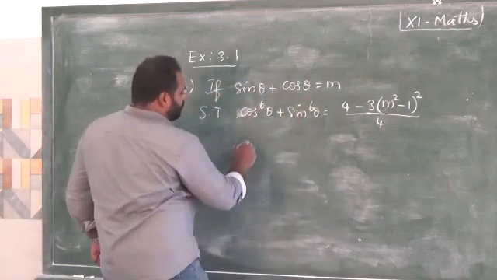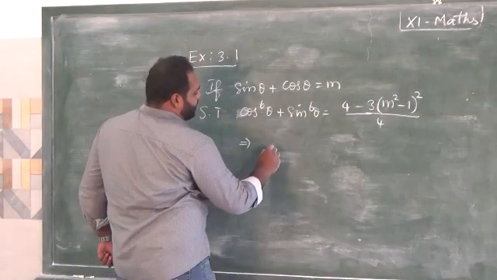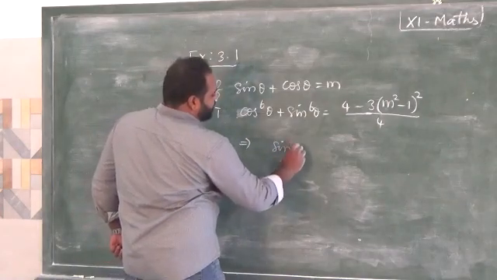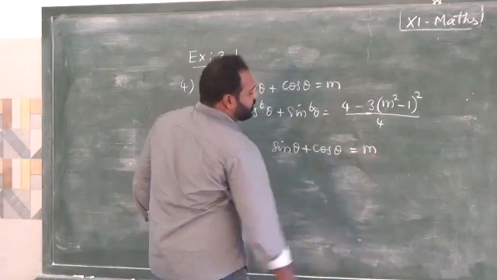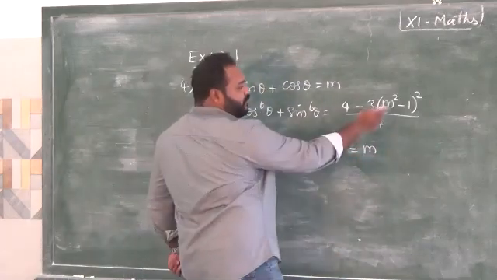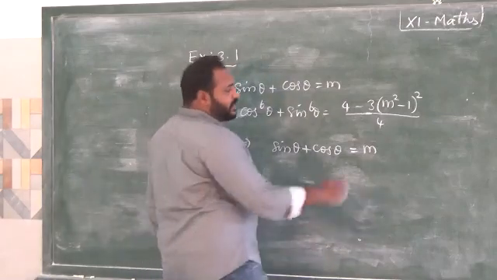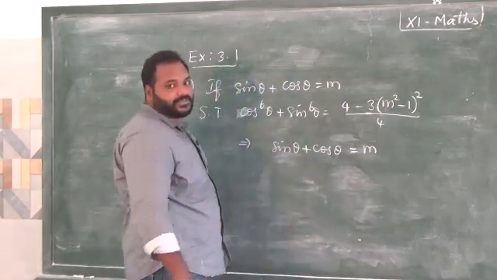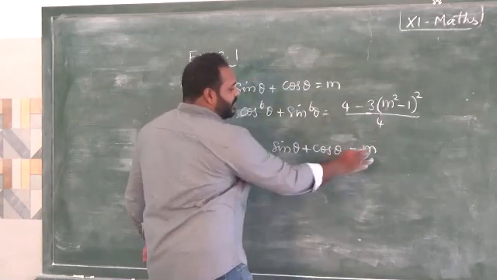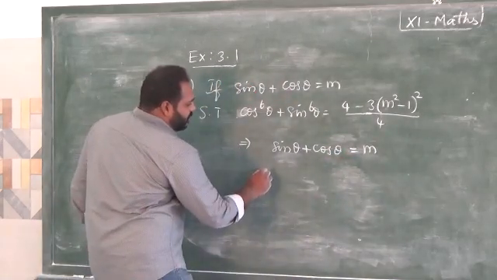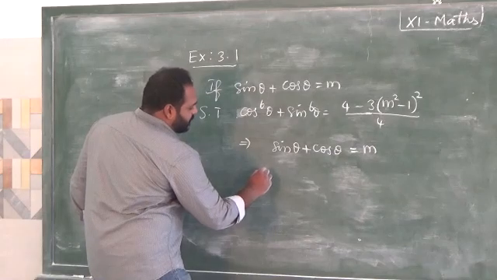So first I am going to write the given, sin theta plus cos theta equal to m. In the answer we have to give it in m square, not m. So how can we get the m square? If you square both sides, you will get the m square. So I can square both sides.